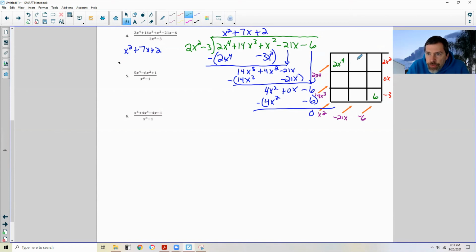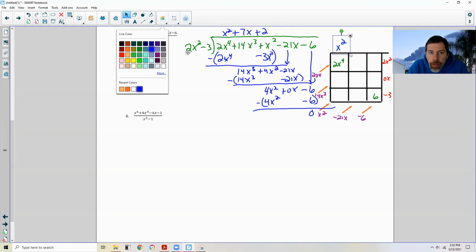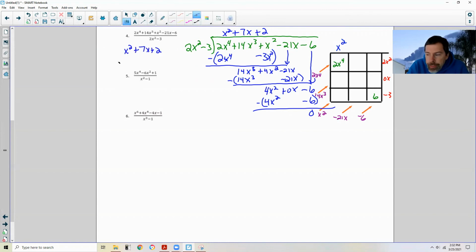So 2x to the fourth, 2x squared. I'm going to need an x squared up here. Actually, I want a different color for that. What haven't I used? I did green, red, blue. I will use purple.